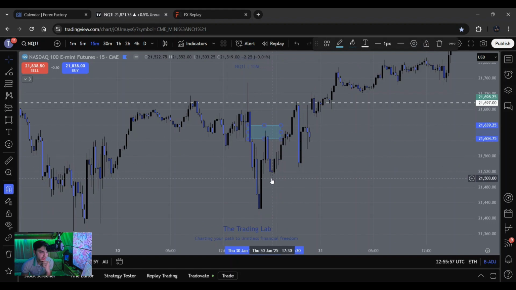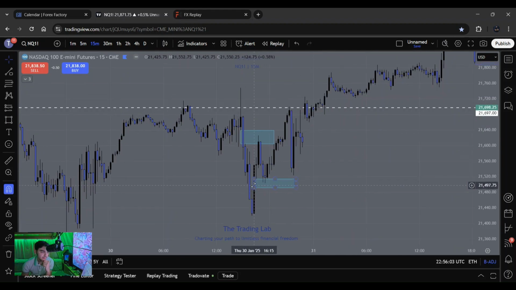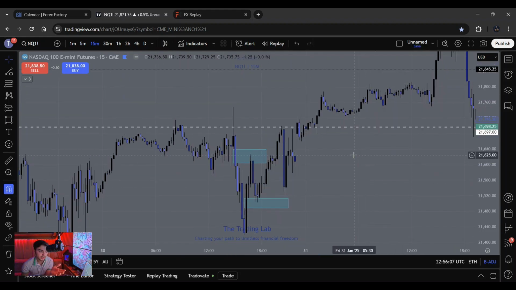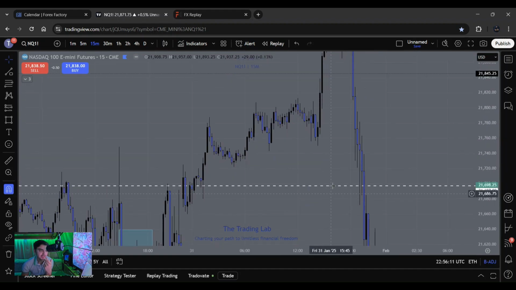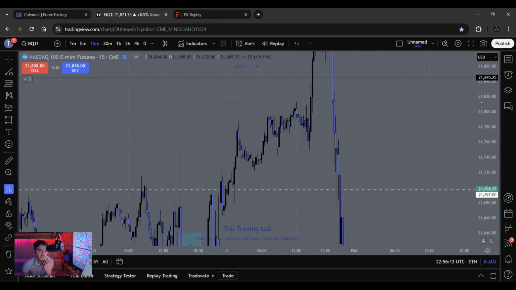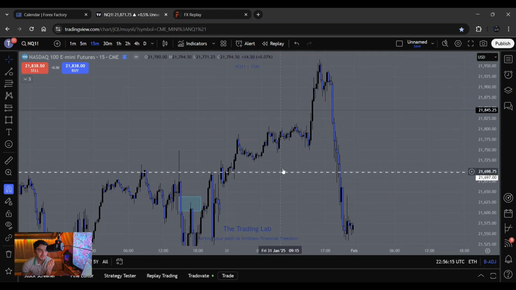We see price push down, come into this fair value gap. They just bounce from highs, lows, and fair value gaps. That is all price does. It's an algorithm. It is designed that way to move from highs, lows, and fair value gaps.